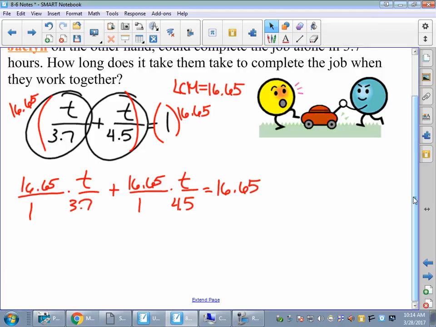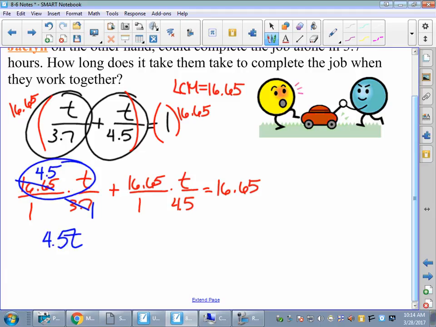What's nice about this is, because we multiplied, I know 3.7 goes into it 4.5 times, so the first one becomes 4.5t. And I know that 4.5 goes into it 3.7 times because that's how I got the number. I multiplied those two numbers together.